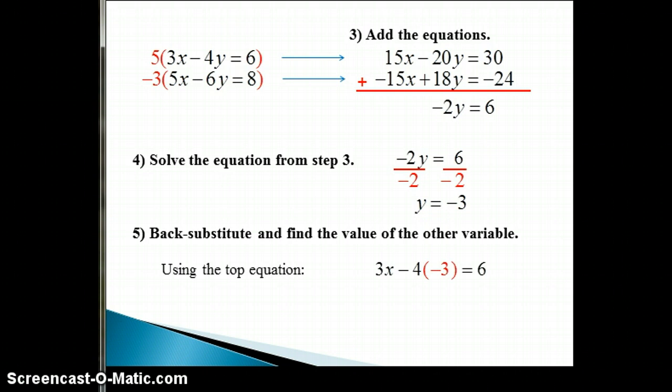Using the top equation, we plug in negative 3 for y and then solve to find that x equals negative 2. Our solution then to the system is the ordered pair (-2, -3).